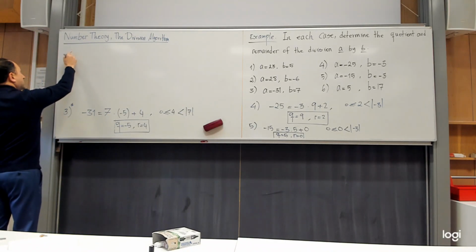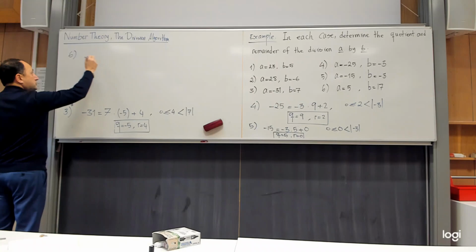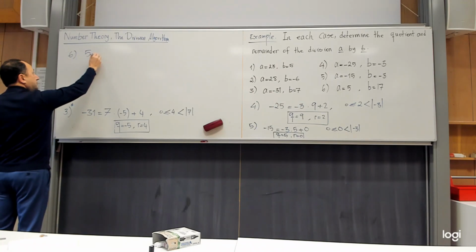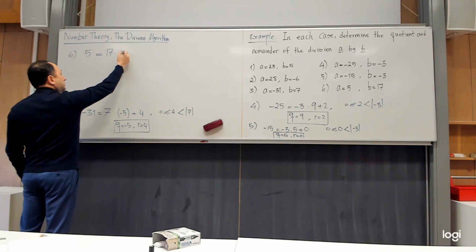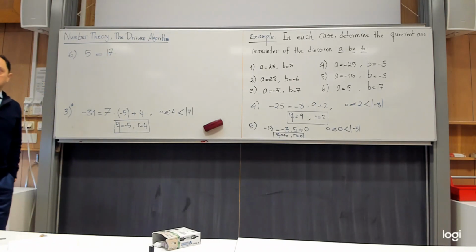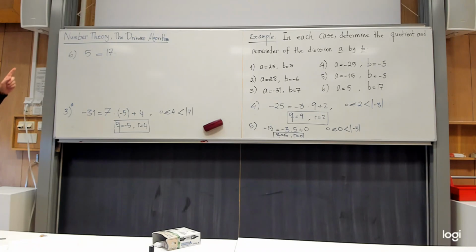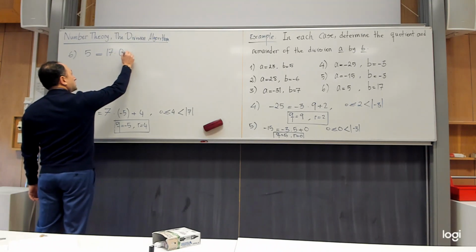So what do you think about 6? A, which is 5, should be written on the left, and then 17. What will play the role of Q? I have to multiply it by some Q and plus some remainder. Q should be 0, yes? So Q should be 0 and plus 5.